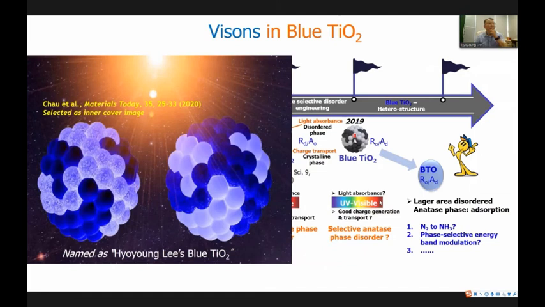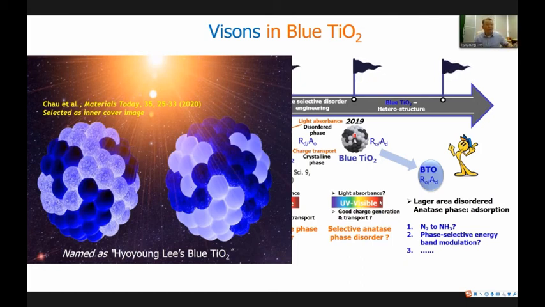Okay, so through our research on P25 TiO2, which is the most effective photochemical material, we can selectively make only the rutile phase disordered and only the anatase phase disordered. We can control it completely.